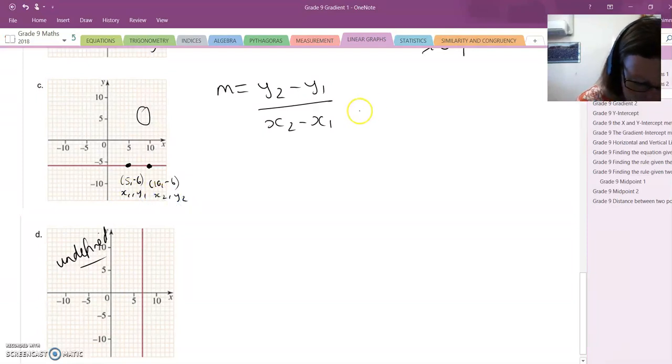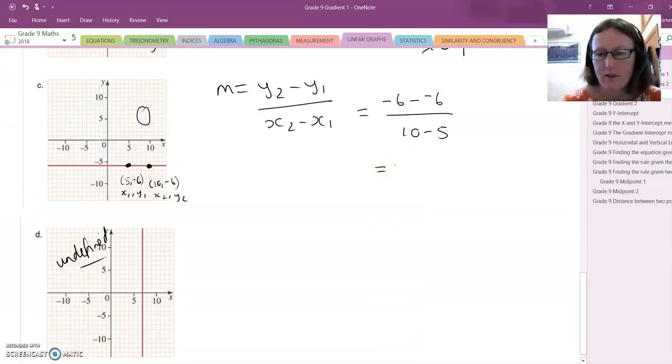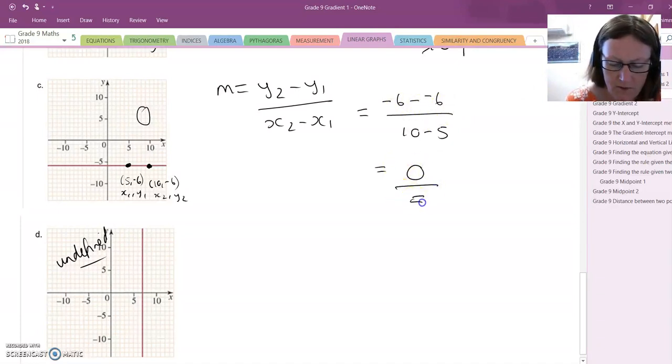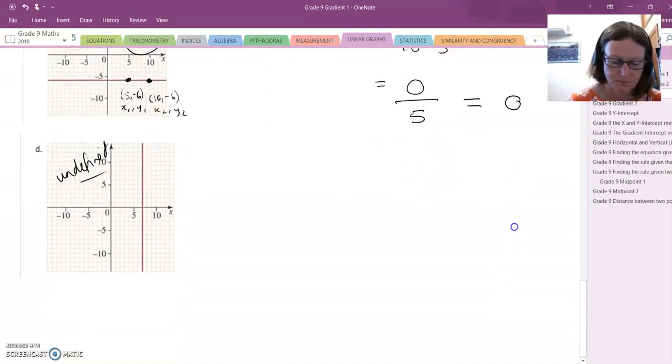So if we substitute it in, my y2 is negative 6, subtract negative 6. And on the bottom, I've got x2, which is 10, subtract 5. On the top, that gives us 0. On the bottom, gives us 5. 0 divided by 5 is 0, so the gradient, as we expected, was 0.